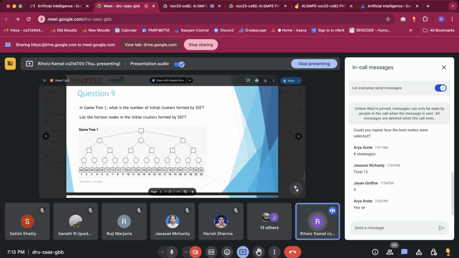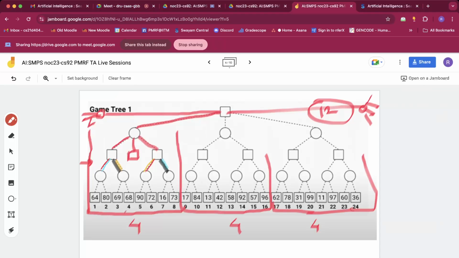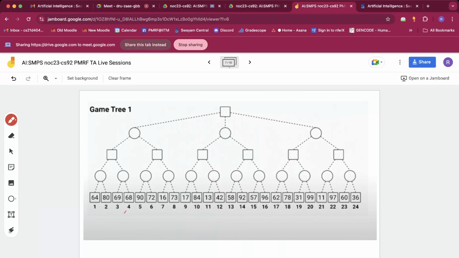Okay then, any answers to what the initial clusters will be? So let's apply the strategy or the approach we just discussed. Instead of selecting one possible child of the max node, let's select all of them. And we'll select only one child of the min node, the leftmost child alone.